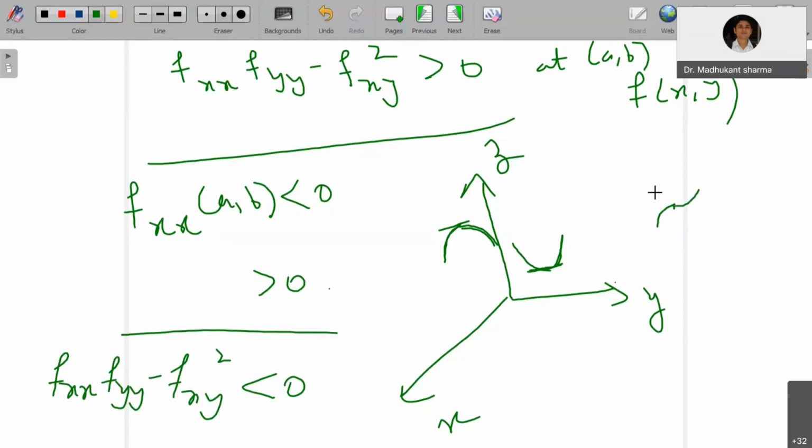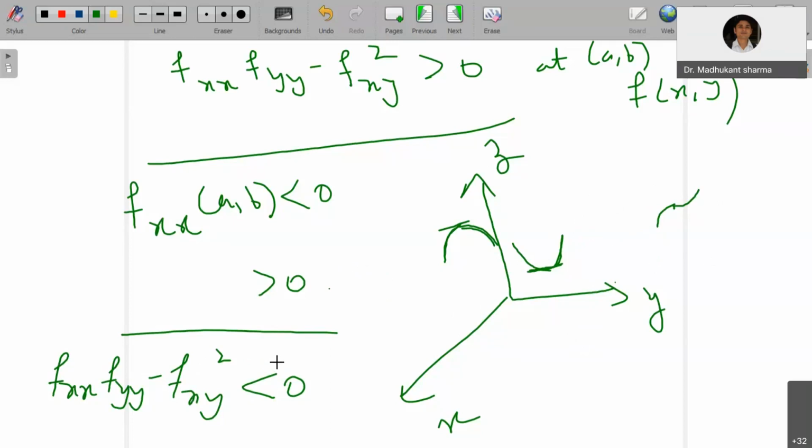So it has both upward and downward directions going. You take any disk again in the same fashion. So there is no other way. It will not move in the same direction, it will have different directions. So that point is a saddle point.